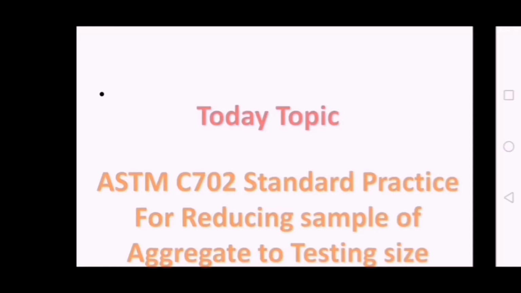Viewers, when we receive an aggregate sample from the field, taken as per ASTM D75, it has a large quantity and sometimes is in more than one sample bag or container. What we need is a small amount and a representative sample for testing. For this reason, we have to reduce the sample as per ASTM C702.